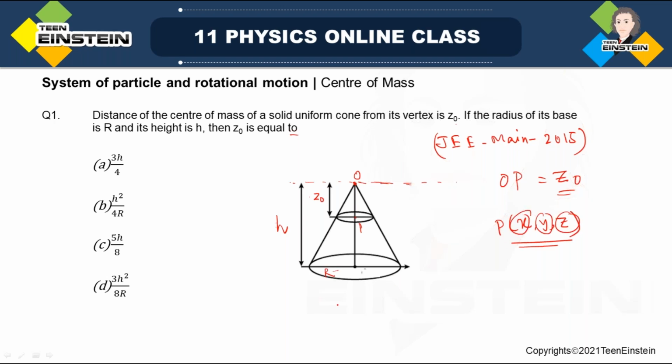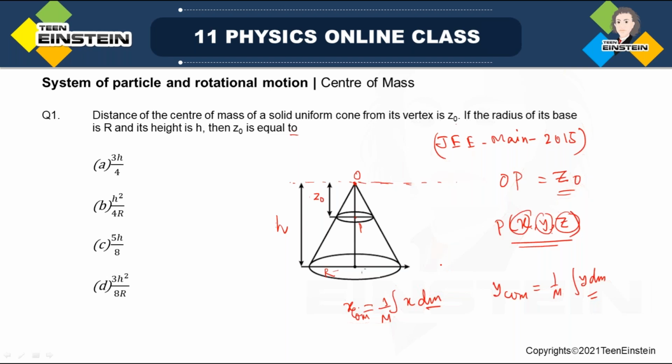We know from the definition, XCOM will be 1 over M times the integral of X dM. Similarly, we can find YCOM as 1 over M times the integral of Y dM. Now the question is, what is dM? How do we find this dM?